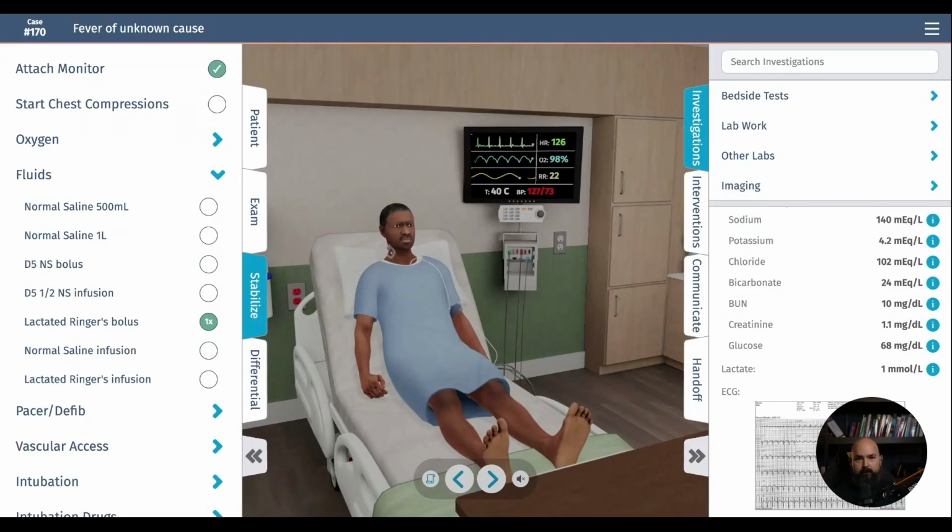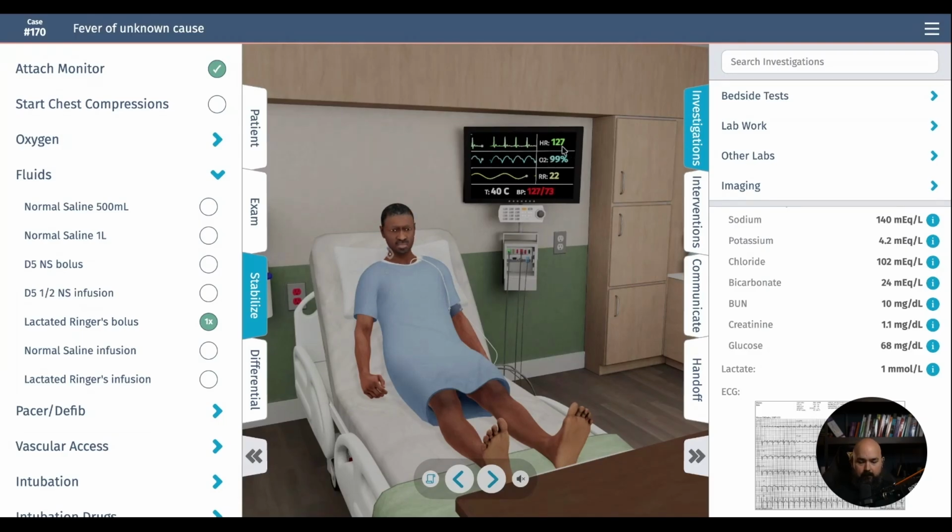In old episodes of the podcast, we've talked about the potential or speculated benefits of LR relative to NS, but, apples to oranges. In a situation like this, it's really not going to matter all that much, especially in a patient that doesn't have some underlying perturbation of their sodium or other.